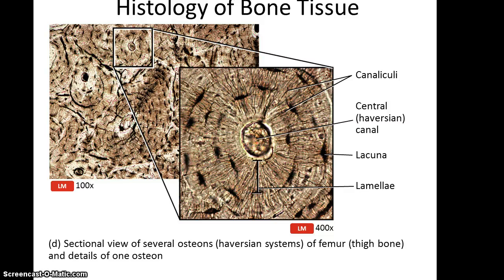And then you have a number of lacunae, or individually a lacuna, which is basically a cavity. And within that cavity is where the osteocyte lives. And then the lacunae are connected to the central canal by canaliculi. They're basically canals that allow the transfer of nutrients and the elimination of waste to occur. And each of the rings of this ring structure is referred to as a lamella.